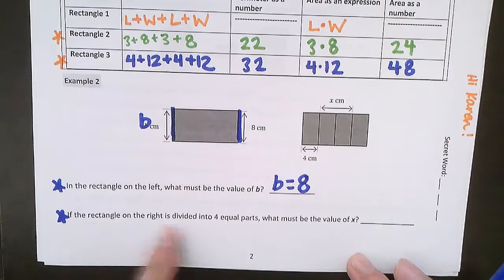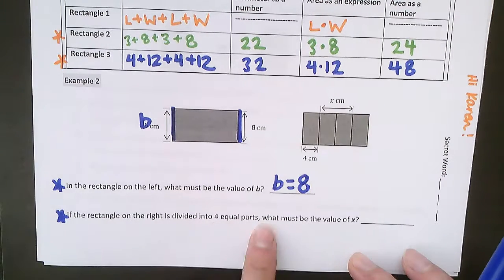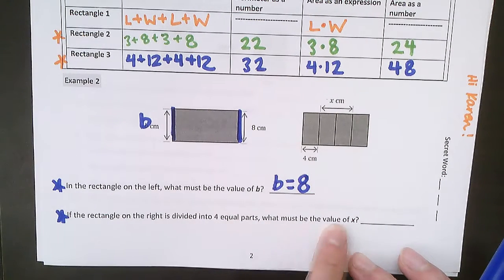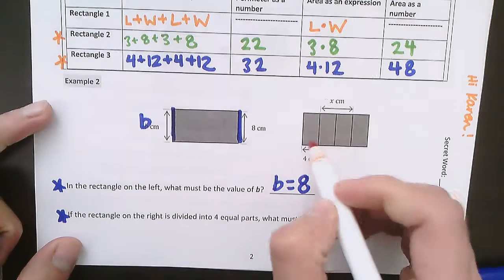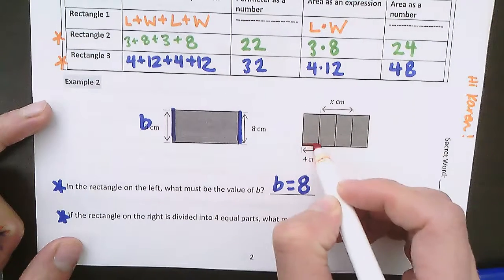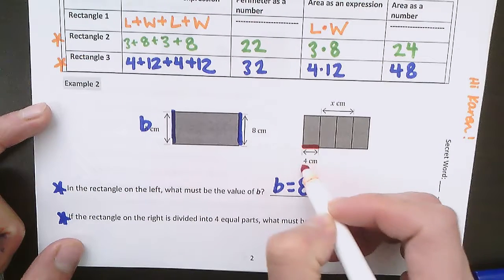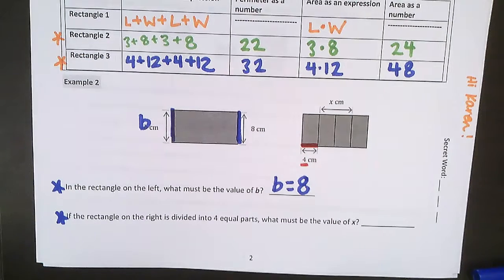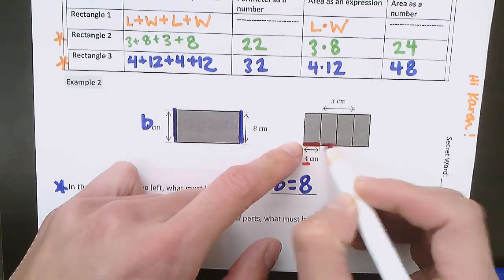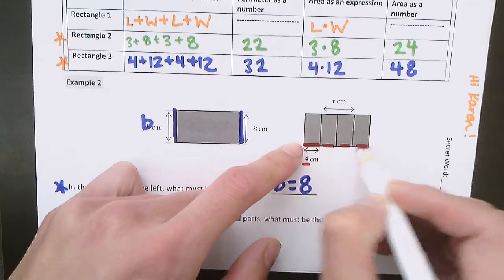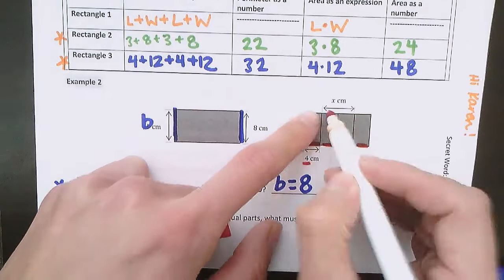Last one. If the rectangle on the right is divided into 4 equal parts, what must be the value of x? So it's telling us here that it's 4 equal parts, and that this part right here is 4 centimeters. And if it's 4 equal parts, we know that this is equal to this, which is equal to this, which is equal to this, and this side has to be the same.